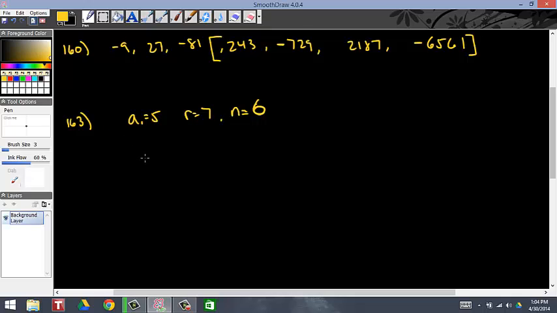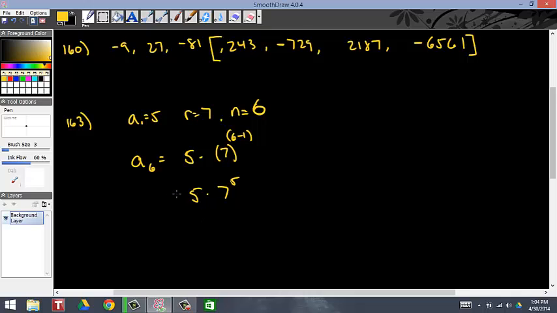Okay, so now what are we trying to find? Oh, the nth term. So it's actually not a sub n, it's a sub 6, which is going to equal a sub 1, which is 5, times r to the n minus 1. So we've got 5 times 7 to the 5th.